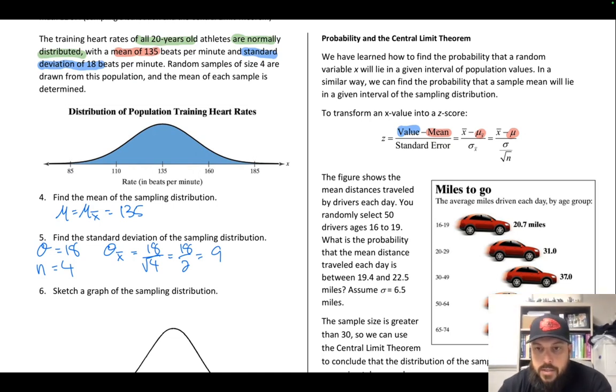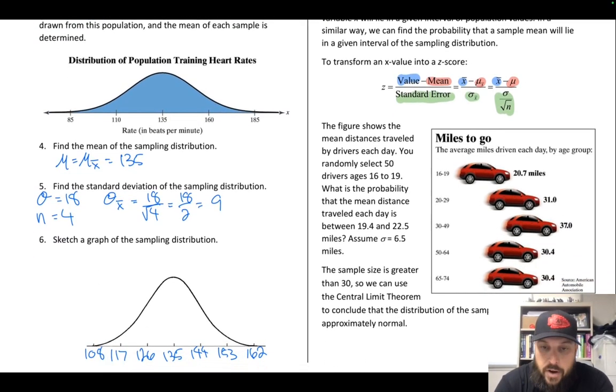And our value is just our sample mean of the individual ones we're looking for. The one change is now, instead of standard deviation, it's our standard error, right, which is the standard deviation of our sampling means. So using that same formula that we did over on number 5 previously.